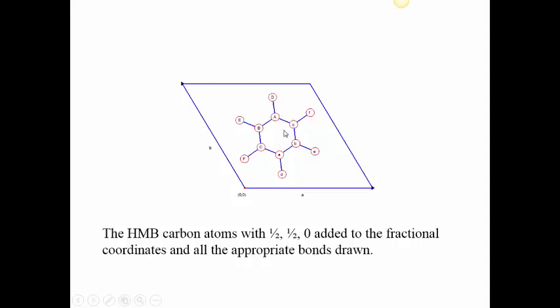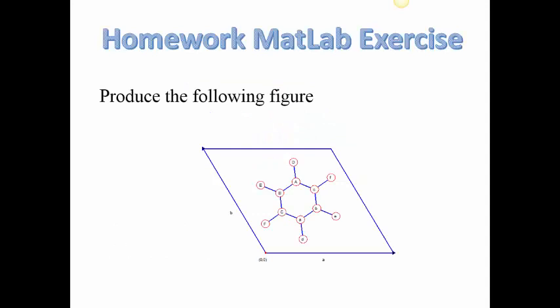That was just fine because you can translate it by adding the same amount equally to every single atom. And then we connected it because we can see this benzene ring and the methyl groups hanging off the benzene atoms. So the homework is going to be to produce this figure.